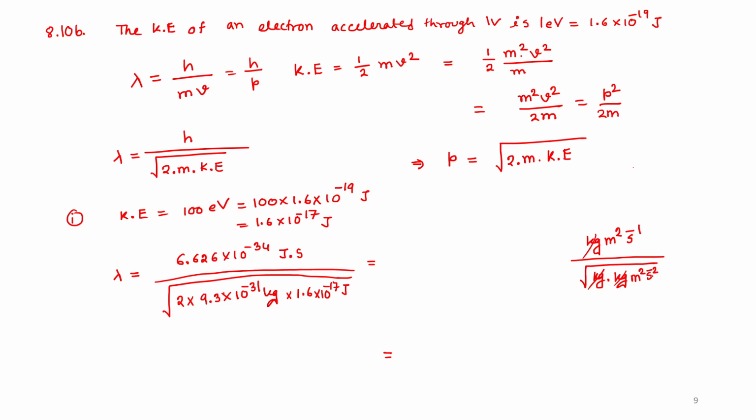Meter square and second minus 1: the second inverse is going to go, and we will be left with meter. That is very easy if you are thinking in terms of lambda, but it is always better to do your unit conversion. Sometimes a factor of 10 or 1000 may go missing, and you are going to start with the wrong answer. So always in physical chemistry, we have to do these unit conversions.